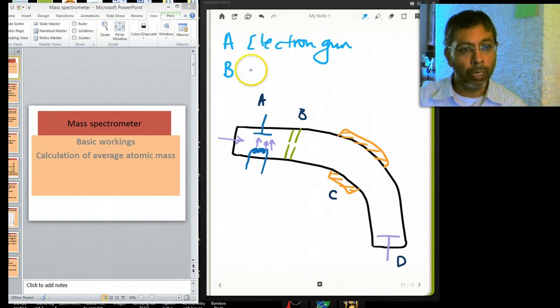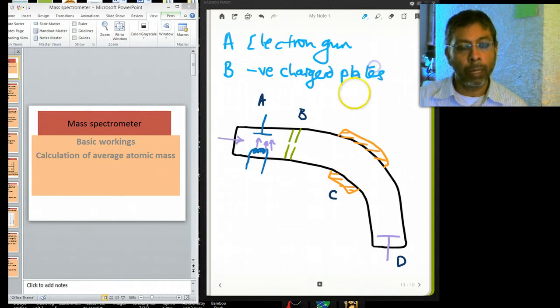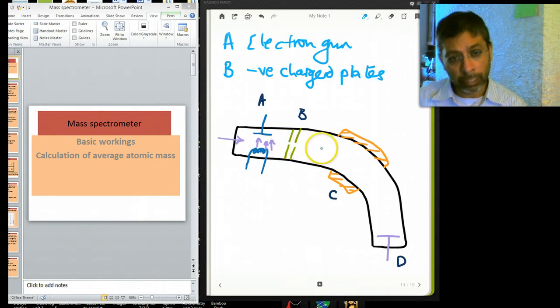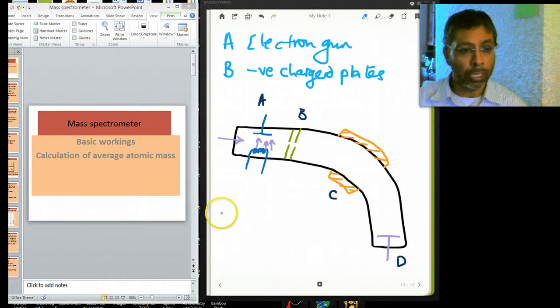And part B are the negatively charged plates. Okay, and this will accelerate your positive ions through, and they'll get propelled into the mass spectrometer here, and they'll come to this region, part C, and part C is the electromagnet.